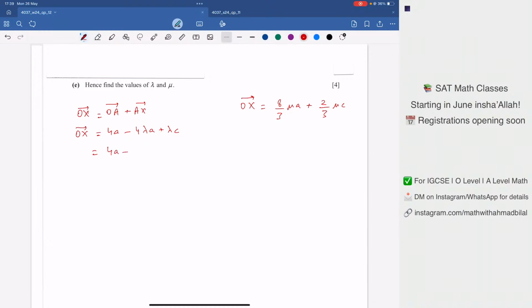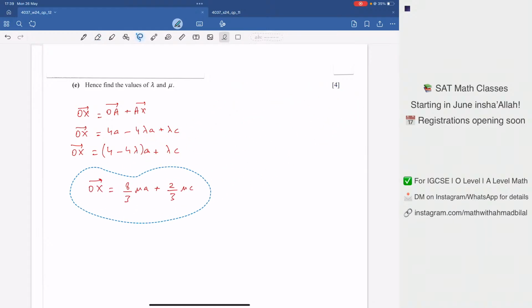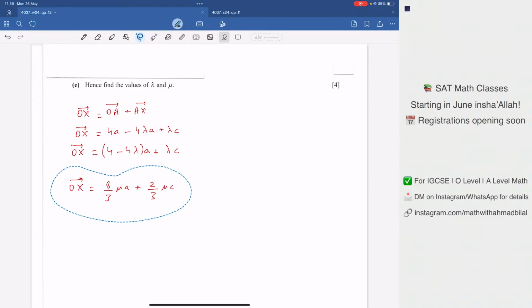That leaves us with 4 minus 4 lambda times A plus lambda C. This is one OX vector that we're getting. The other vector from there, that's this. This is the other possible OX vector. Right? Now we could compare the two.